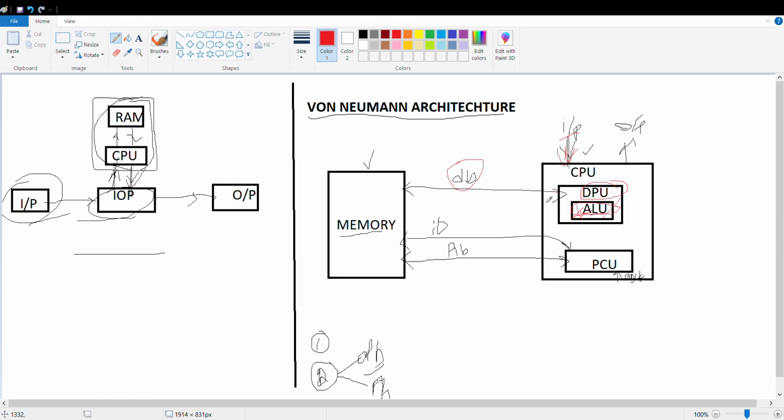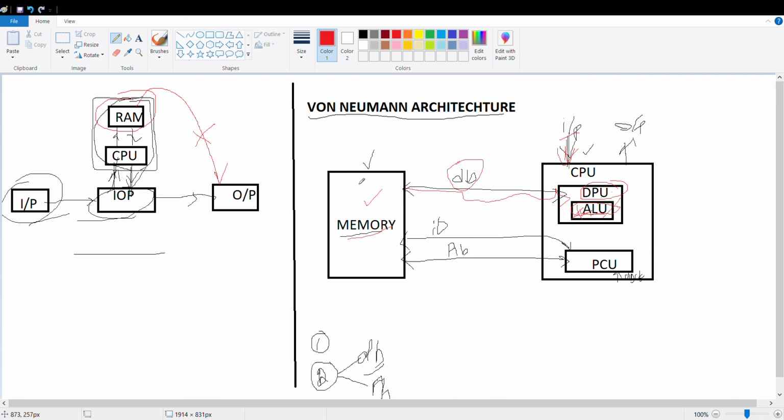This information will be sent to the RAM or the memory, and that will be searched in the memory unit, and that will be retrieved back to the data processing unit, because random access memory cannot directly give you the output.